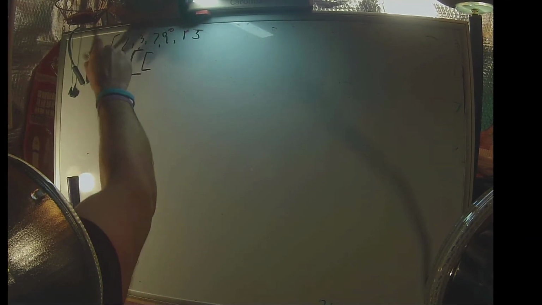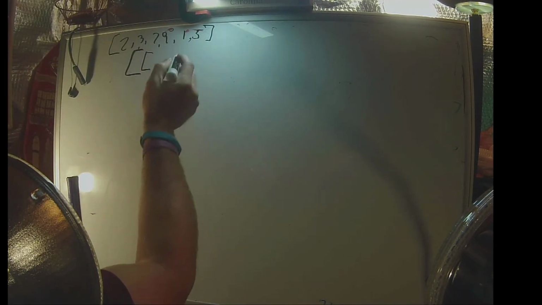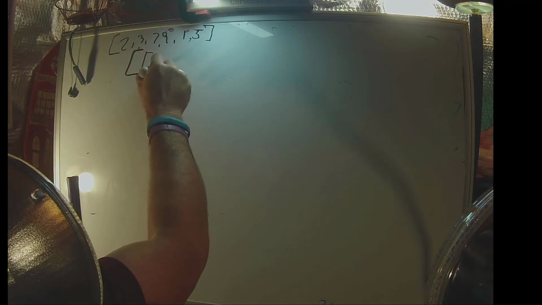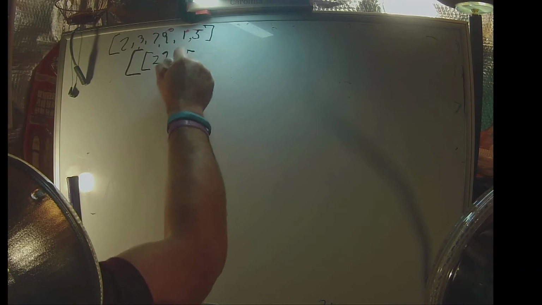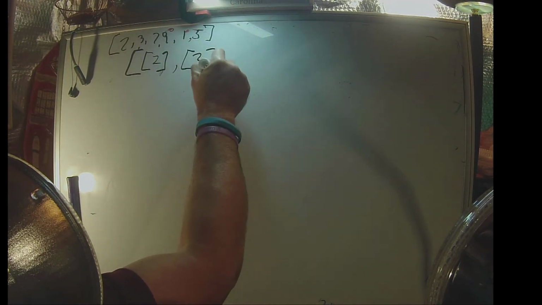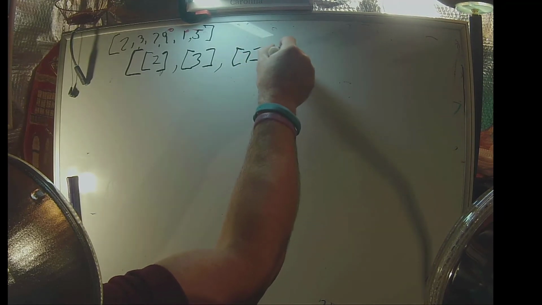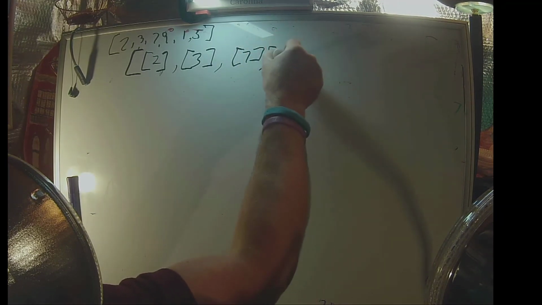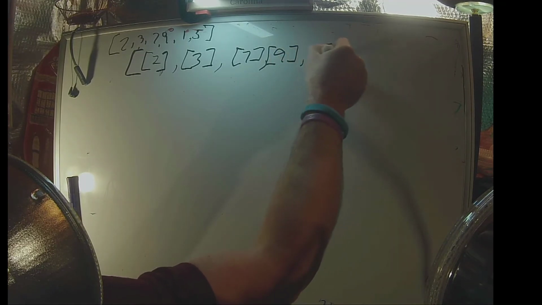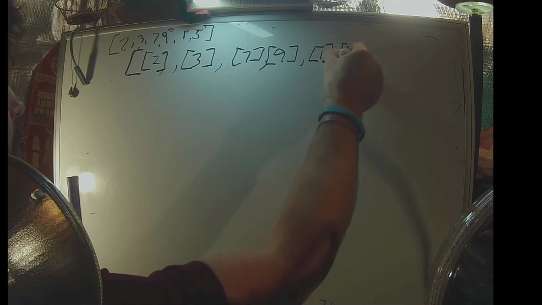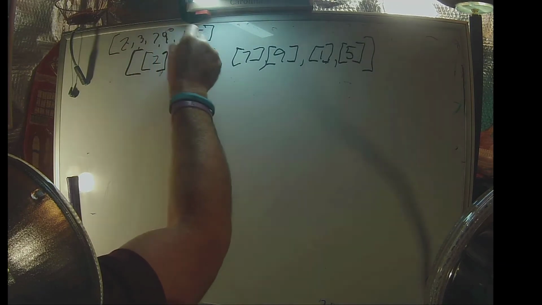We divide this up into individual single length lists. So we started out with 1, 2, 3, 4, 5, 6 elements.